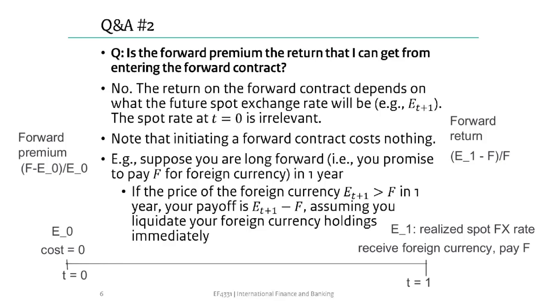So to clarify again, forward premium is F minus E naught over E naught, whereas the forward return, the so-called return, is E1 minus F. And you can make it a return if you want. Okay. This is the forward premium.